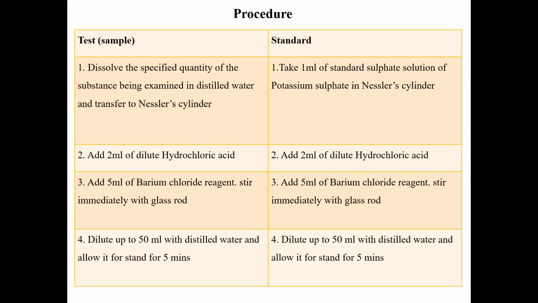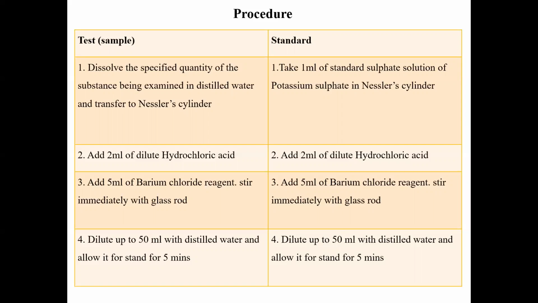And second step, from this step, the test and standard both are common. So coming to the second step, add 2 ml of dilute hydrochloric acid to both the Nessler cylinders. Third step is we have to add 5 ml of barium chloride reagent in both the Nessler cylinders, and you have to stir it with the glass rod.